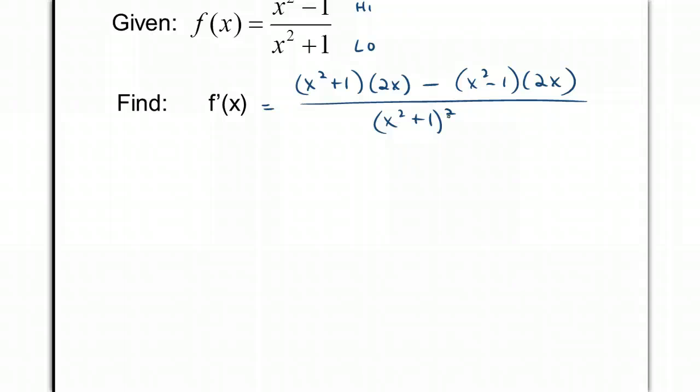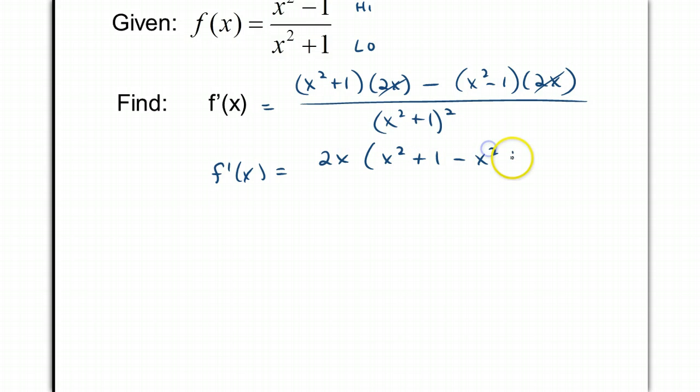But this one, I'll show you a little trick. Doesn't look too bad. Notice that there's a common 2x in both terms. So if I factor out a 2x, which means you just divide each term by 2x, write what's left. Don't forget to subtract the negative 1.